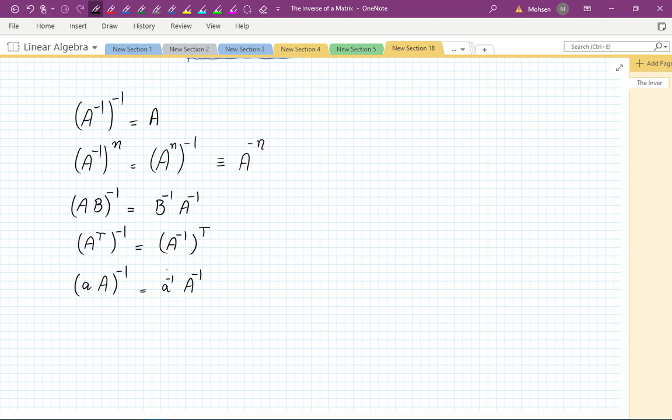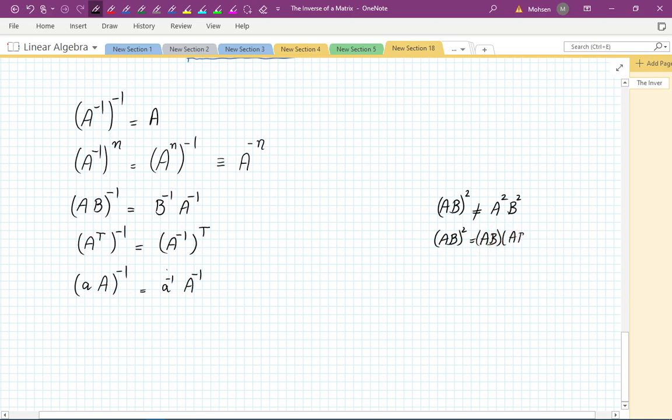One thing, you don't want to go overboard. We don't have such a thing. We don't have, for example, AB squared equal to A squared B squared. One of the big losses that we have is because of the lack of commutativity. AB squared by definition means AB times AB.